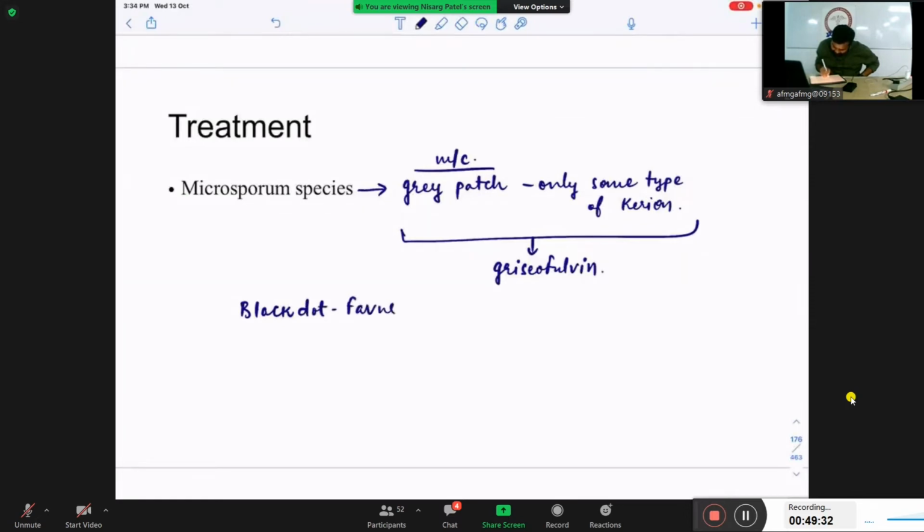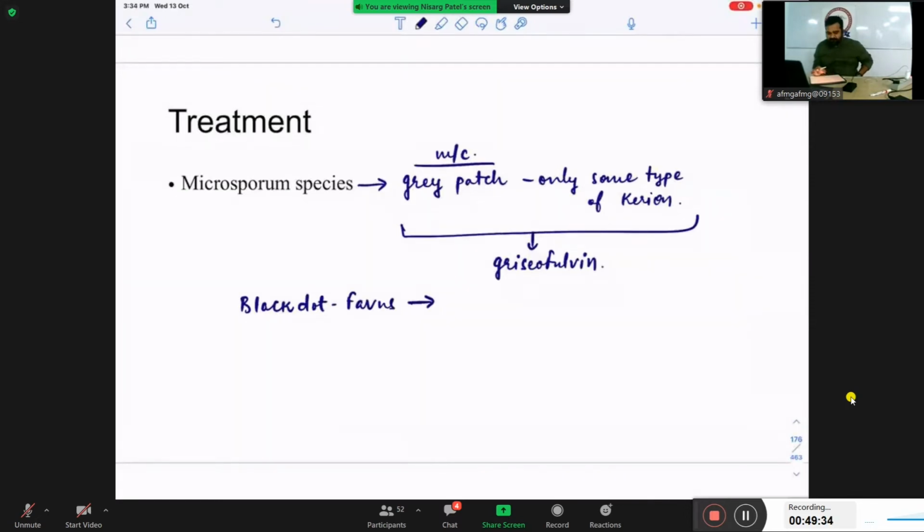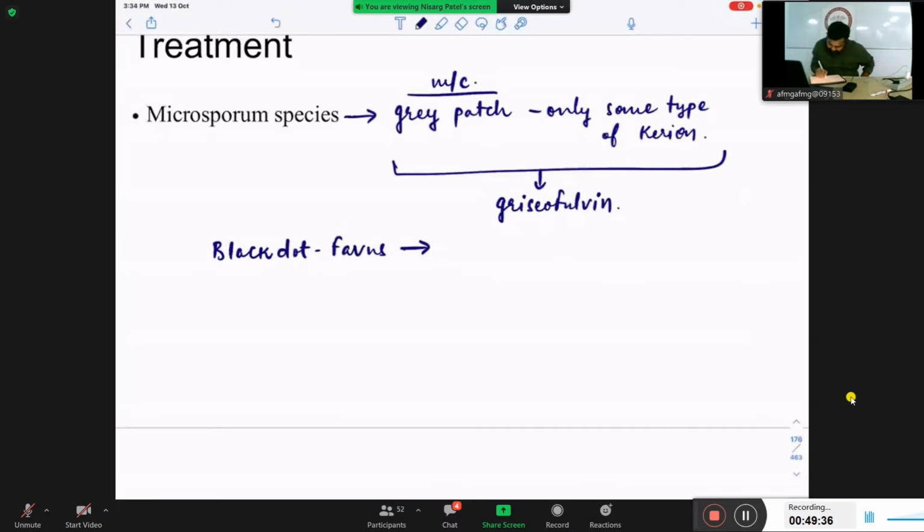If they ask what is the treatment of choice for black dot and Phoebus, it is terbinafine.